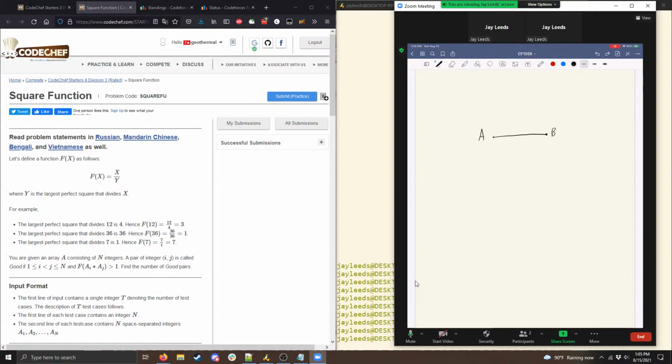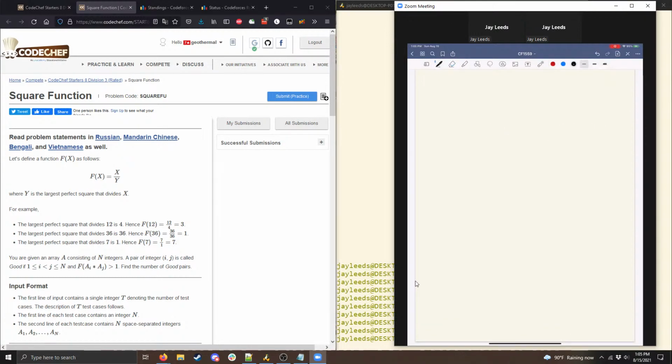It turns out here that it helps to think about when f of ai aj is going to equal 1. So f of this is going to equal a sub i, a sub j over y.